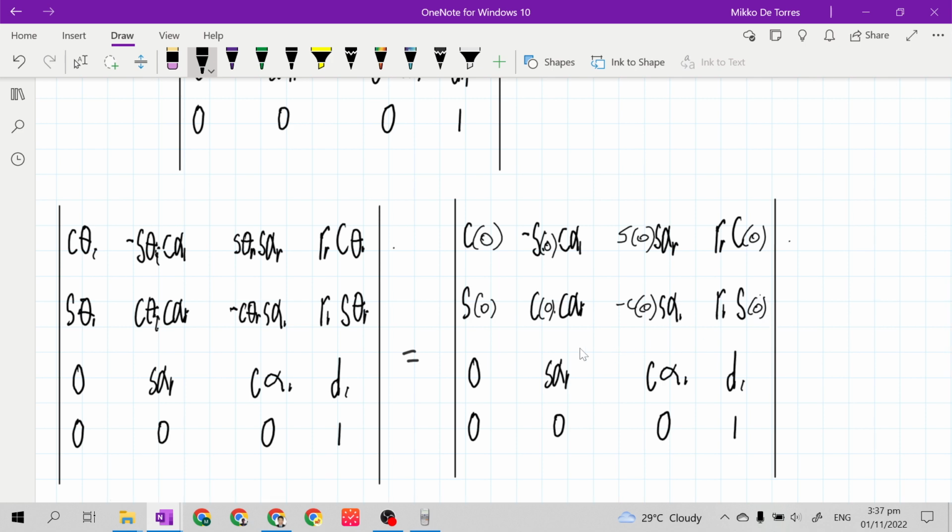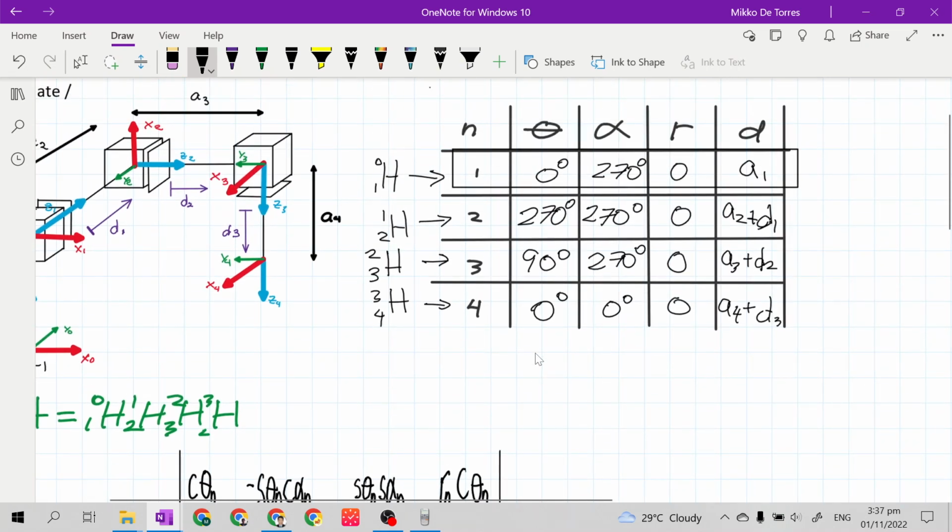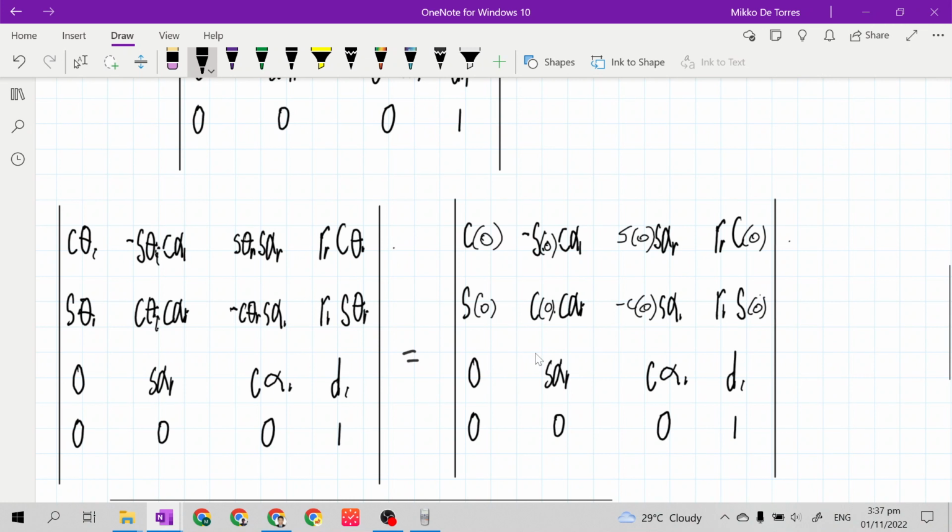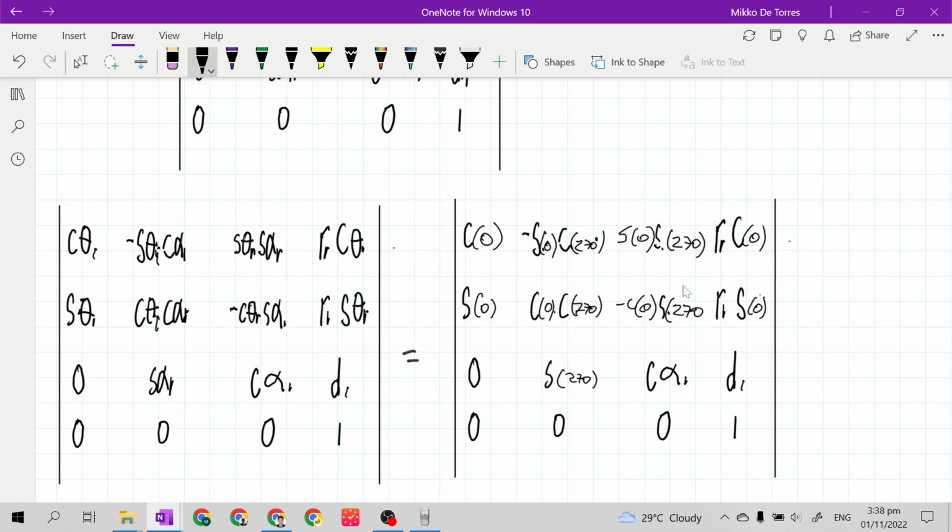Next, substitute the value of alpha. So alpha is 270. So this will become cosine 270, sine 270, and so on.